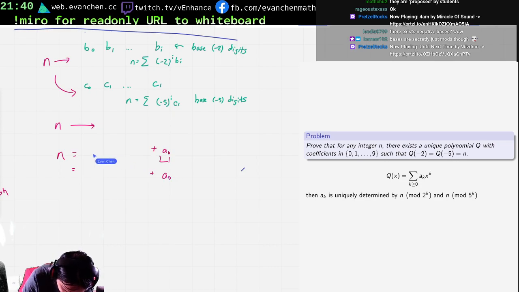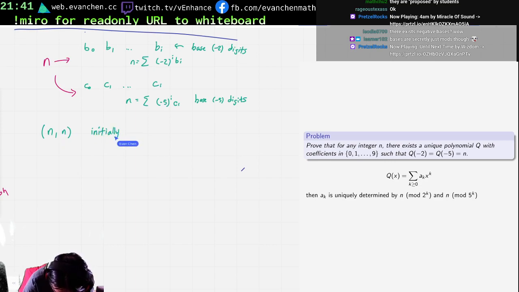So if you initially have some n comma n, that's your target. Can I do this as ordered pairs?